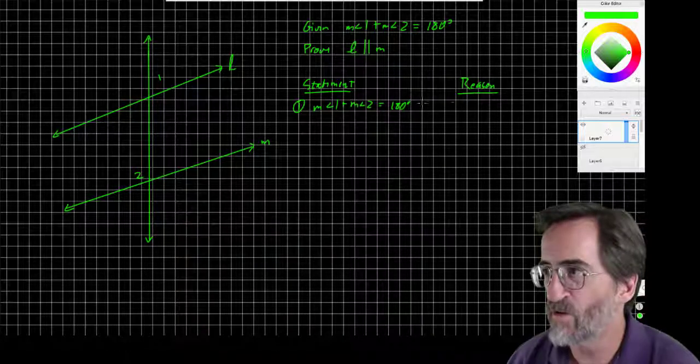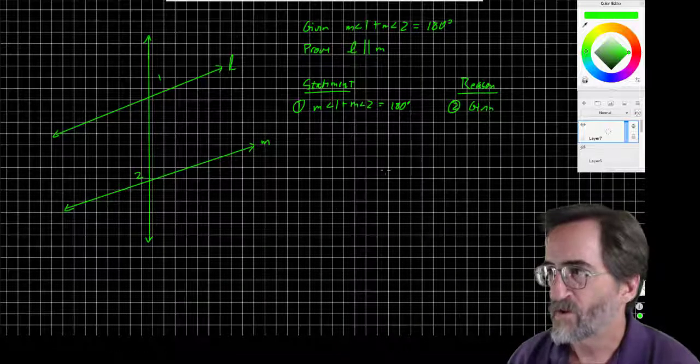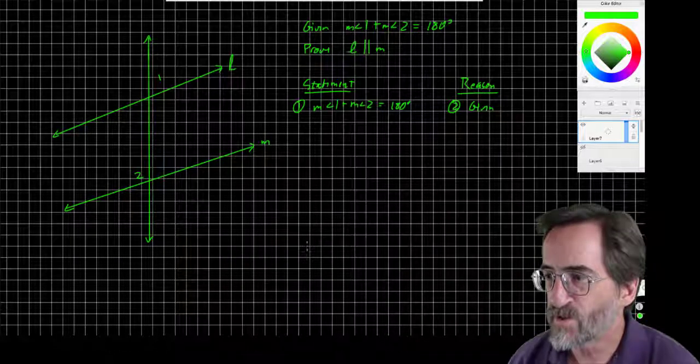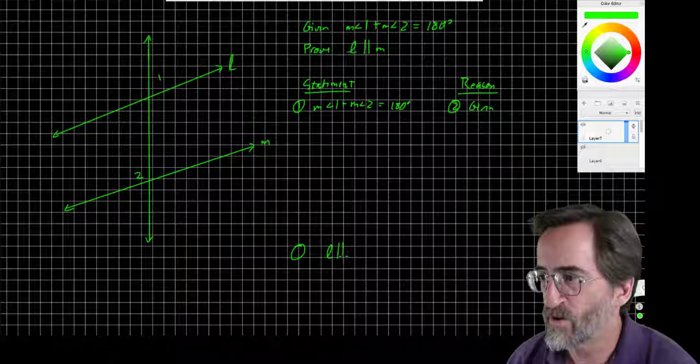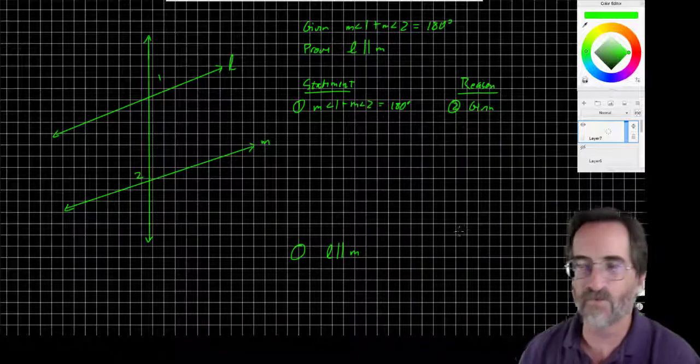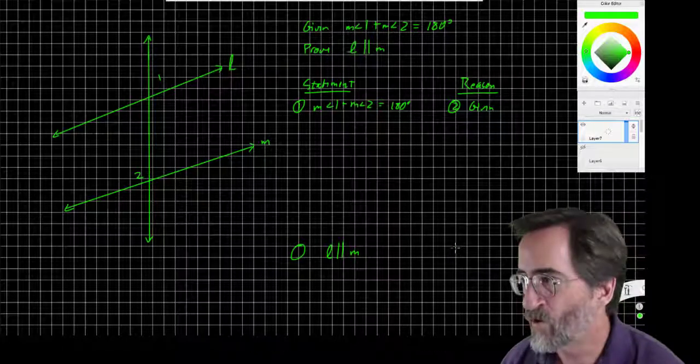You should always be able to do that. Given. And let's jump to the end. I don't know what step number it's going to be, but somewhere down here at the end, we're going to have L is parallel to M. And the reason is not proof. The proof is never a reason. But we're going to have a reason when we get there.